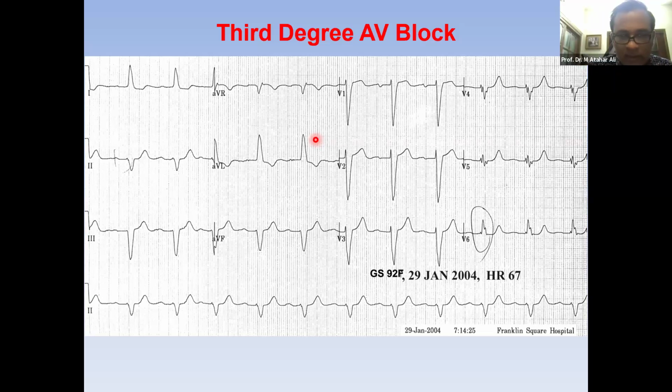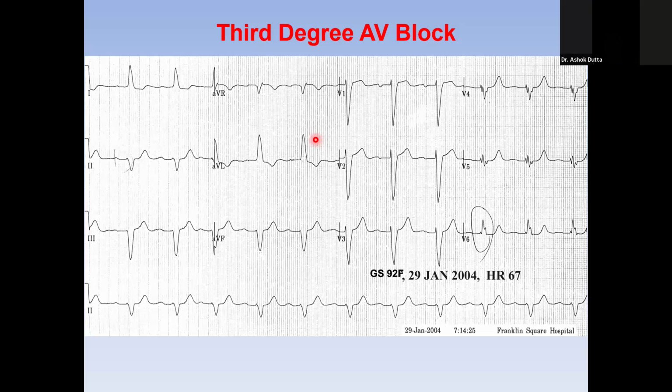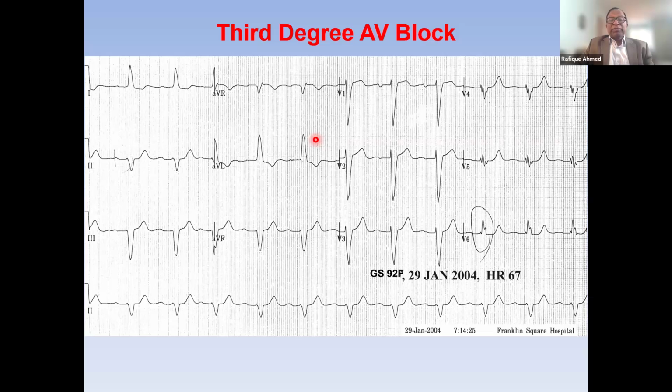Thank you, sir. I have one question here regarding cardiomegaly. Sometimes we see that there is no cardiomegaly on chest X-ray, but echo shows there is some LA enlargement. This patient is subsequently prone to develop chronic atrial fibrillation. With congenital heart block? Yes, sir.